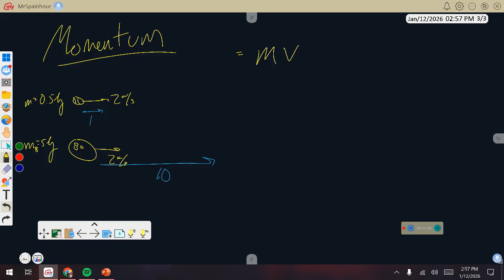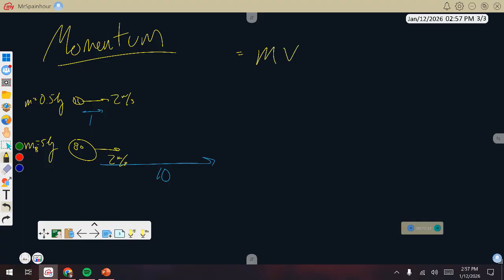And I can see just visually from this vector that this bowling ball is 10 times harder to stop than this tennis ball, even though they are going the same speed. Is it possible that I could get the tennis ball and the bowling ball to have the exact same momentum?